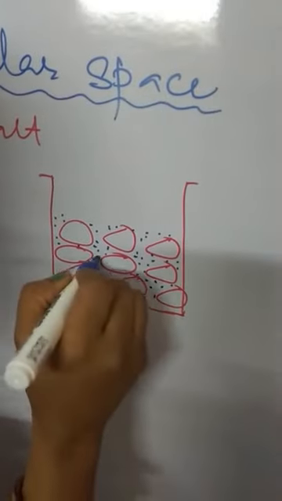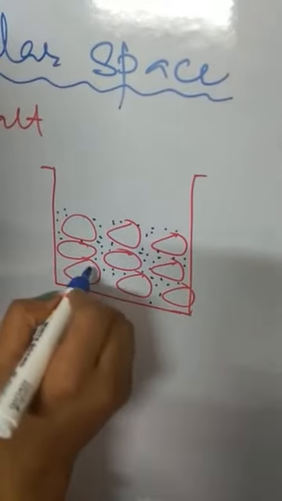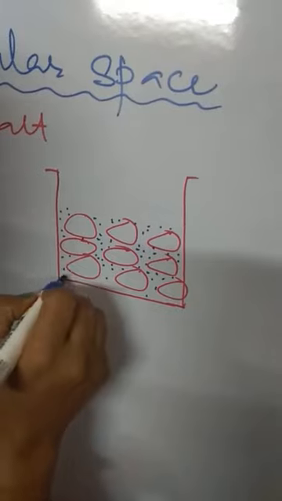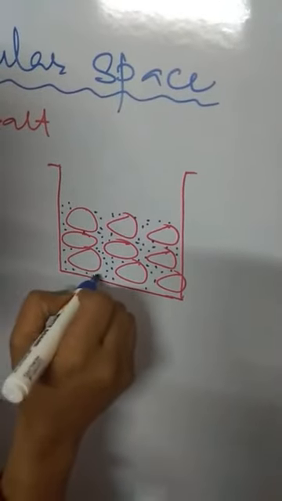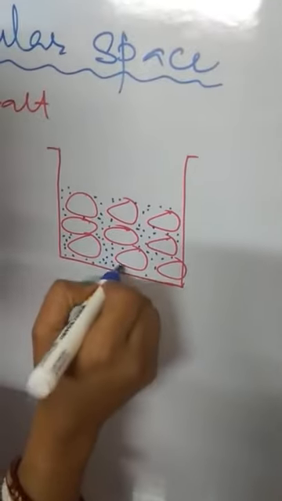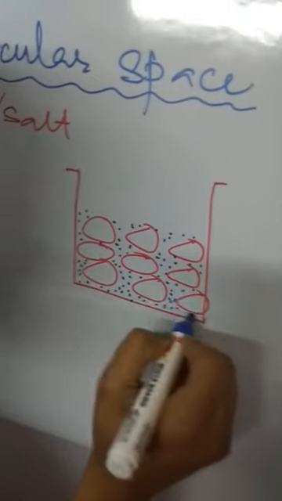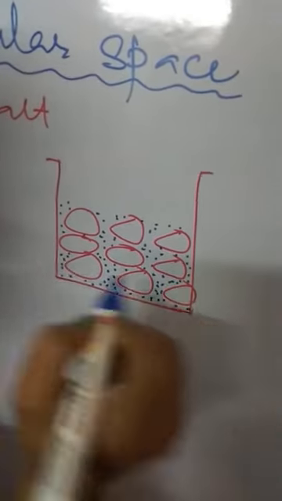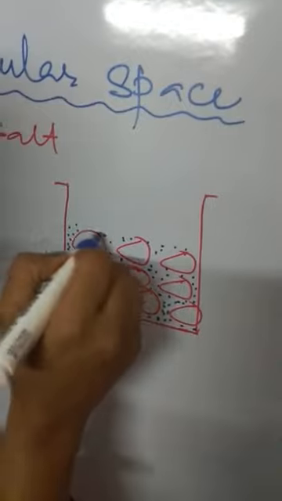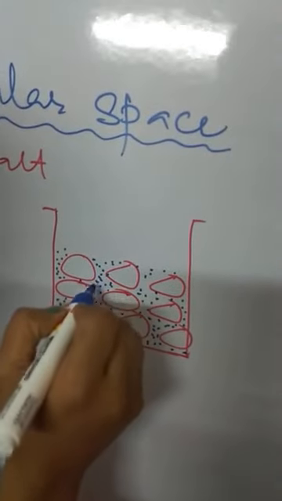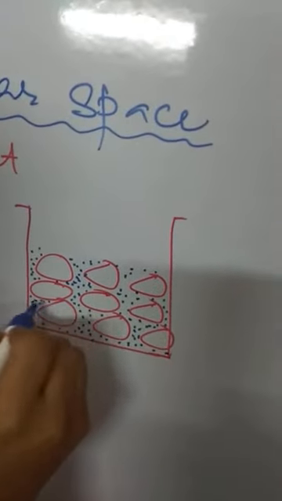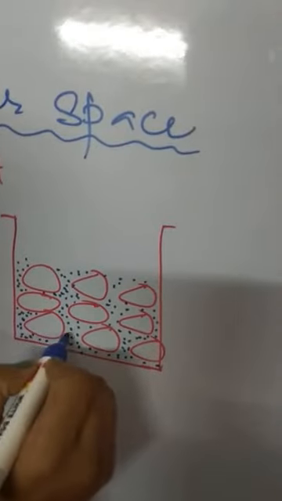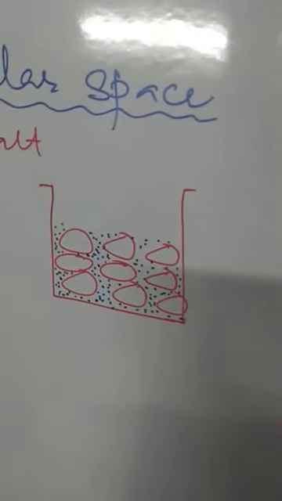like the sugar particles in the first experiment, the salt particles will also adjust themselves in between the particles of the pebbles or stones. In this case also we will see there is no rise in the level of pebbles.